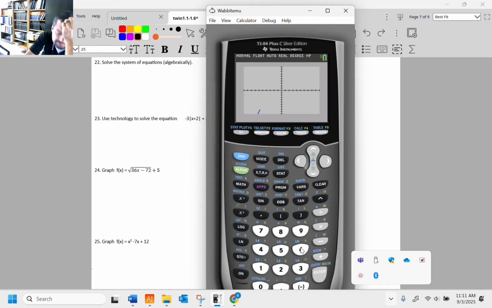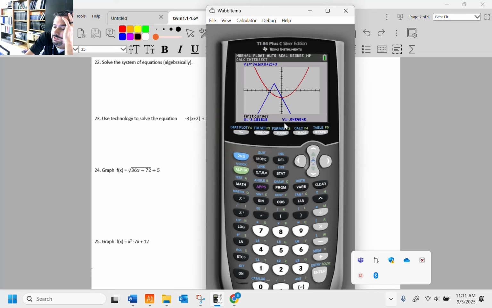Zoom 6. And let's see how many answers this bad boy has. She has 2. Yeah, there's one here and one there. That one's pretty easy. Like x is obviously 0, right? Let's just make sure. Second trace 5. I always like to go after the left intersection because we're supposed to read from left to right.